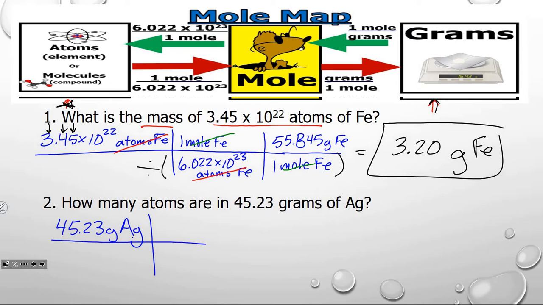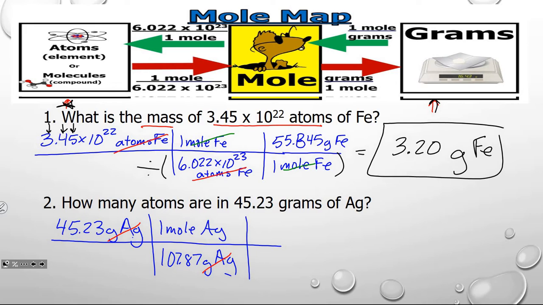The first thing I'm going to do is put 1 mole of Ag on the top, but then I've got to look on the periodic table to find out how many grams of Ag there are. Ag is number 47 on the periodic table, and its mass is 107.87. So at this point I can cross out grams of Ag. Whatever you have on the top has got to be on the bottom because you've got to cancel them out.